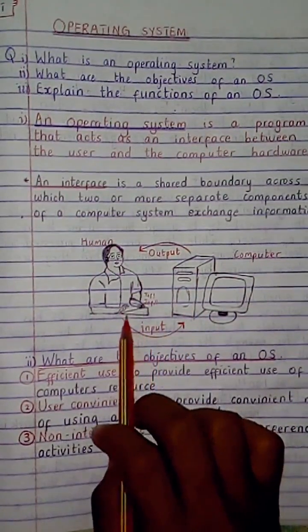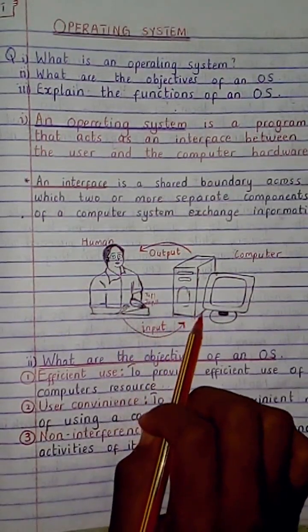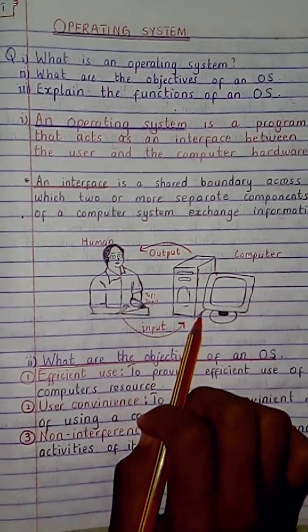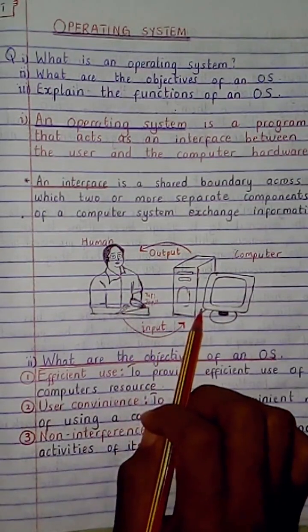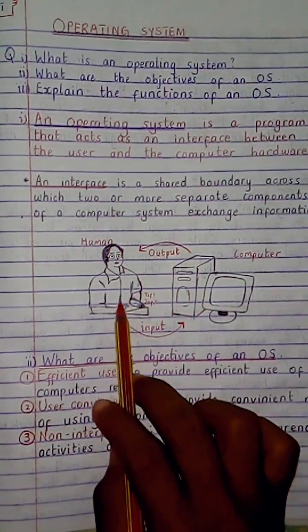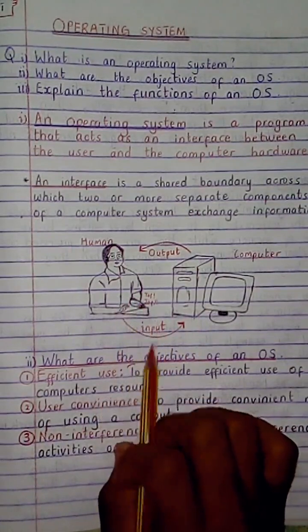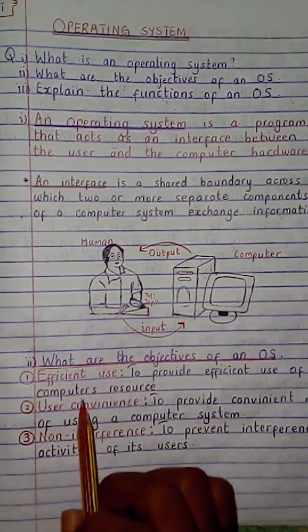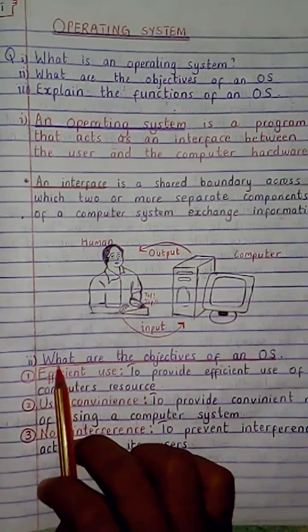It's important to note down what an operating system is. The main definition of an operating system is always tested in the exams, and I've seen my friends missing that. So don't be like my friends, missing an easy thing, that an operating system is a program that acts as an interface between the user and the computer hardware.